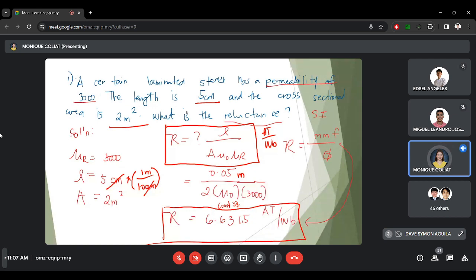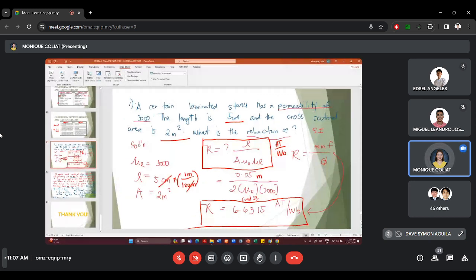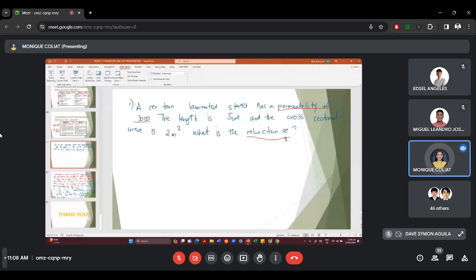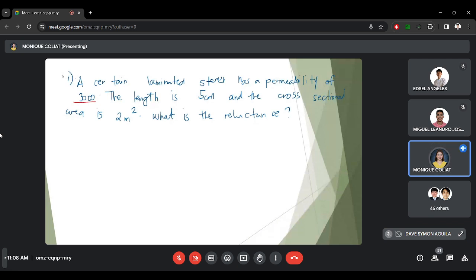Reluctance is what we're looking for. First, identify all the given parameters and all the unknowns.